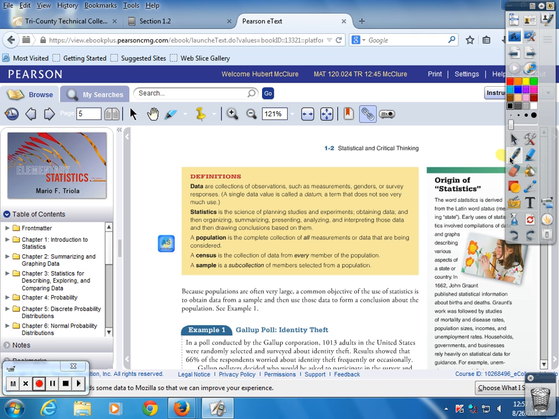All right, data. If I was to go through the classroom and I was to say, I want to find out how many blondes, brunettes, and redheads are in here, that would be obtaining data. So far I only see one redhead. 2, 3, I see 3 of you.